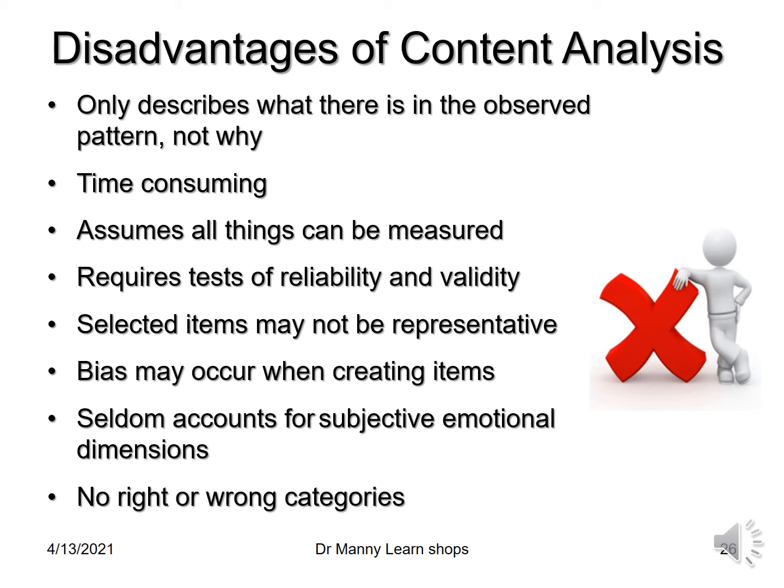Biases may occur when creating the items, reflecting quantitative concerns. It seldom accounts for subjective emotional dimensions, which are qualitative. And the final disadvantage is that there are no right or wrong categories, which again is coming from a quantitative perspective.